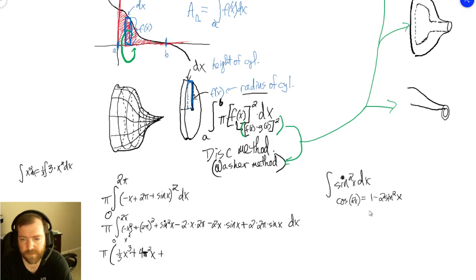Rearrange this and make this a sine squared of x. 2 sine squared of x is equal to 1 minus cosine of 2x. And then we don't have a coefficient, so replace this over here, just sine squared of x equals 1 minus cosine of 2x all over 2.